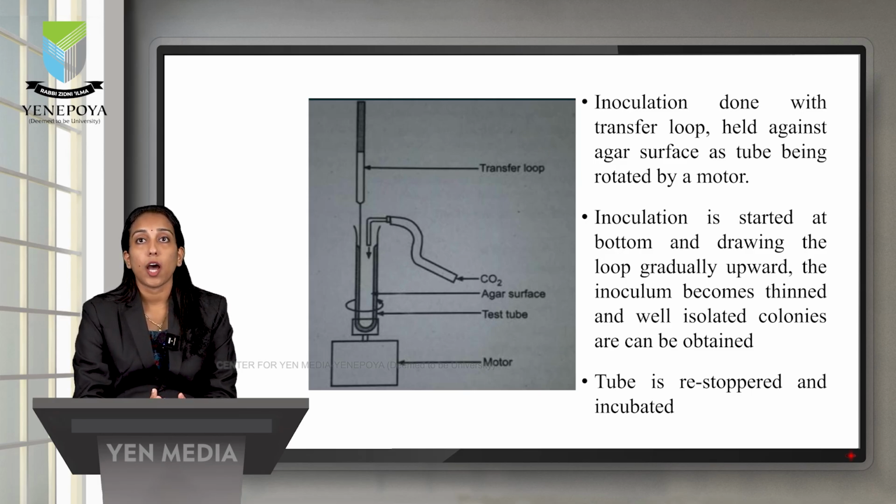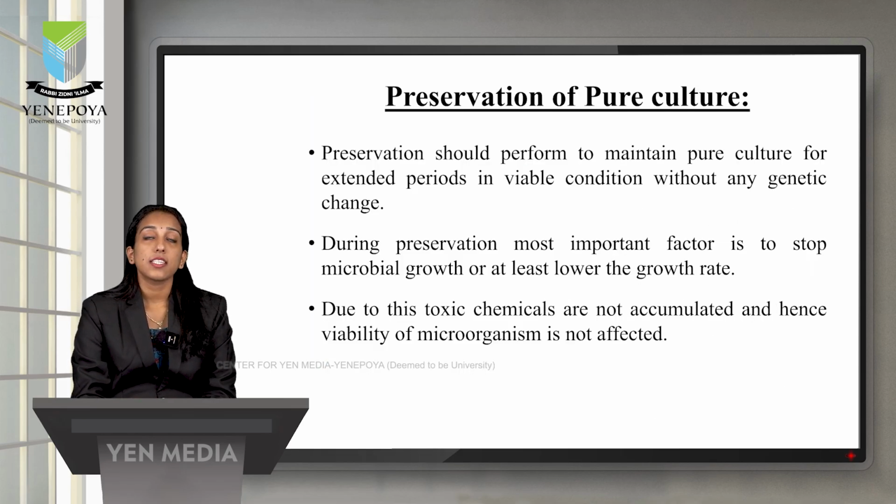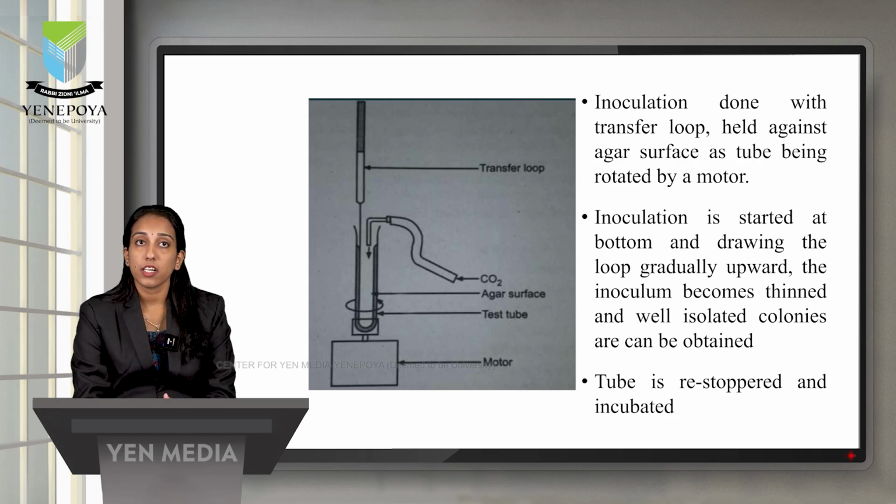From bottom to upside it will spread, and the inoculum also becomes thinner while coming upside. Then this tube is restoppered and kept for incubation. Then the microorganism will grow and we can isolate the single pure cells. This is about the different methods for the isolation of pure culture. We have discussed 5 methods.